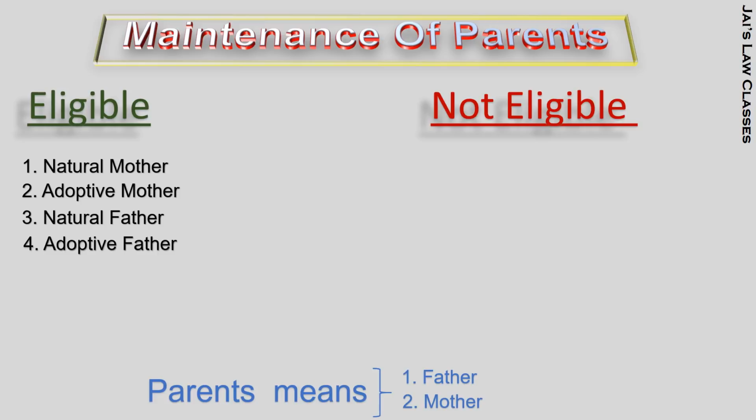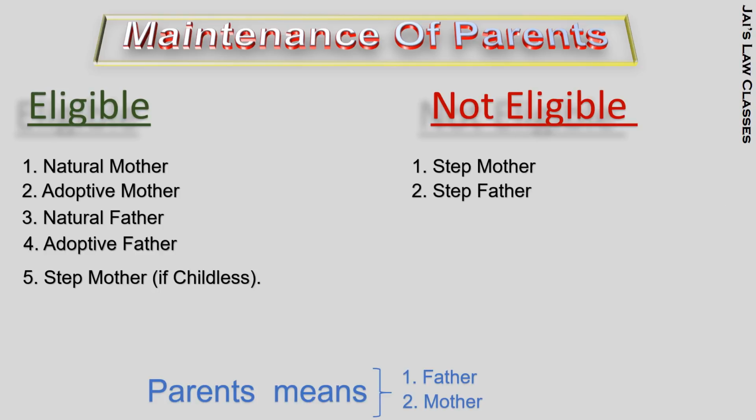He is eligible to be maintained. Number 5th, stepmother only if she is childless. The condition is that she must be childless. Not eligible. Number 1, stepmother is not eligible if she has a child of her own. Number 2, stepfather is not eligible. No condition has been informed. Number 3, mother or father having sufficient income.